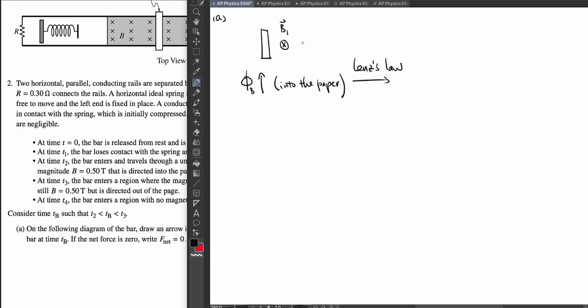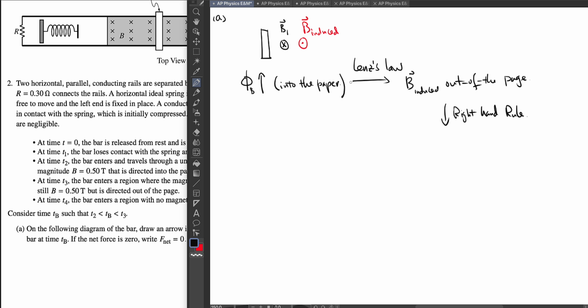So the induced B will be out of the page. It will be this way, right? So now use the right hand rule. You can determine the induced current direction.